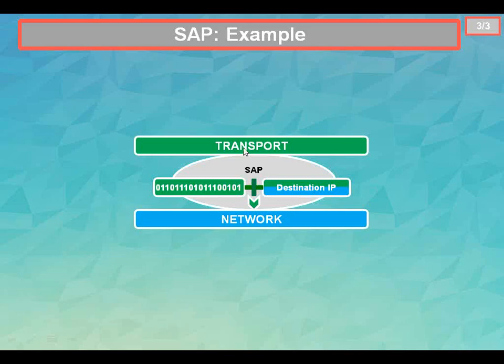Without the IP address, if the transport layer just sends this data, the network layer will keep scratching his head. I got binary data, but where do I have to send it? I'm not the boss. I have not generated that information. I don't know where it needs to be sent. Please tell me, then I can help you.